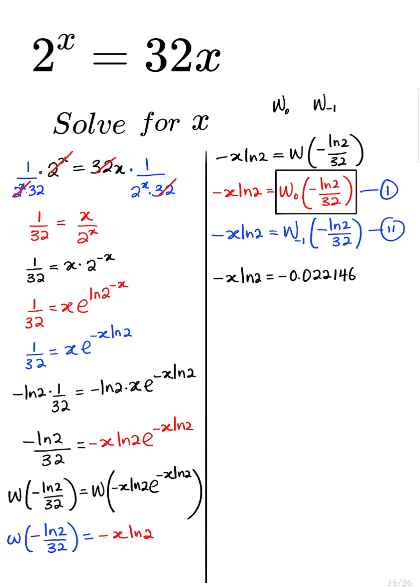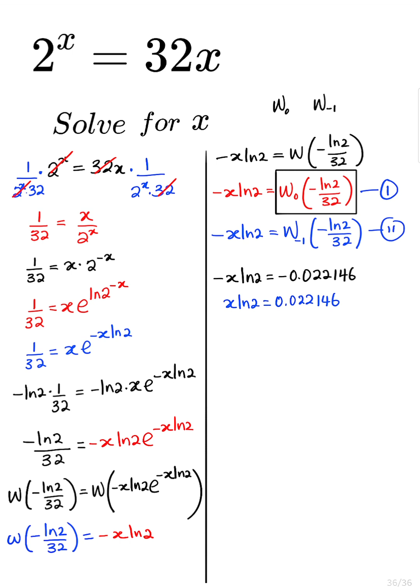Since we can eliminate the negative sign on both the left hand side and the right hand side, our equation becomes x ln 2 equals 0.0222146.